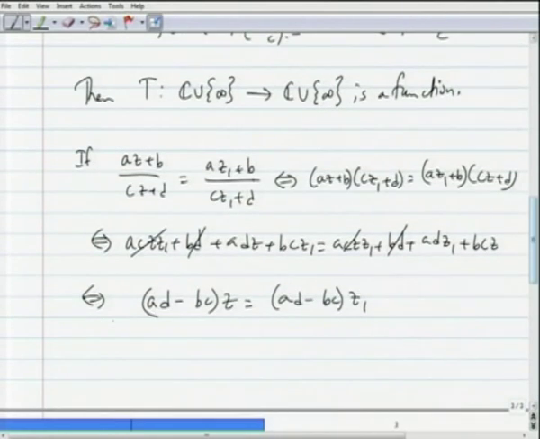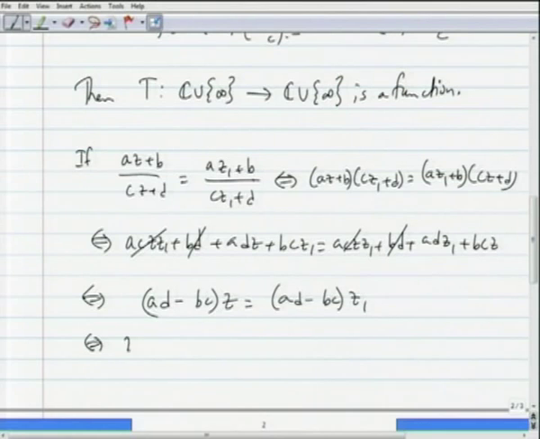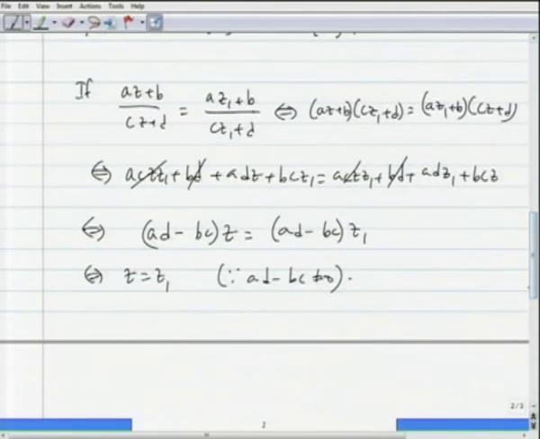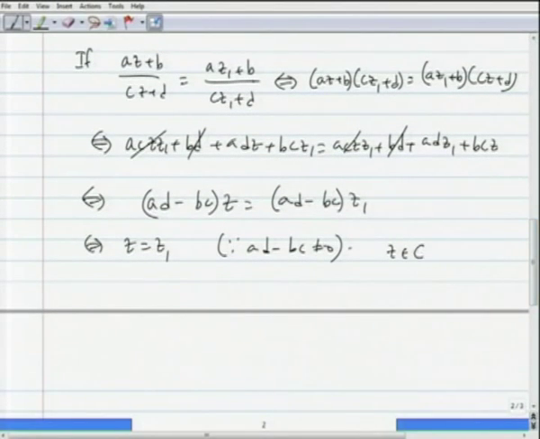This is if and only if z is equal to z1, because ad minus bc is not equal to 0. And so this works for z belonging to C if c is equal to 0, and z belonging to C minus minus d by c if c is not equal to 0.